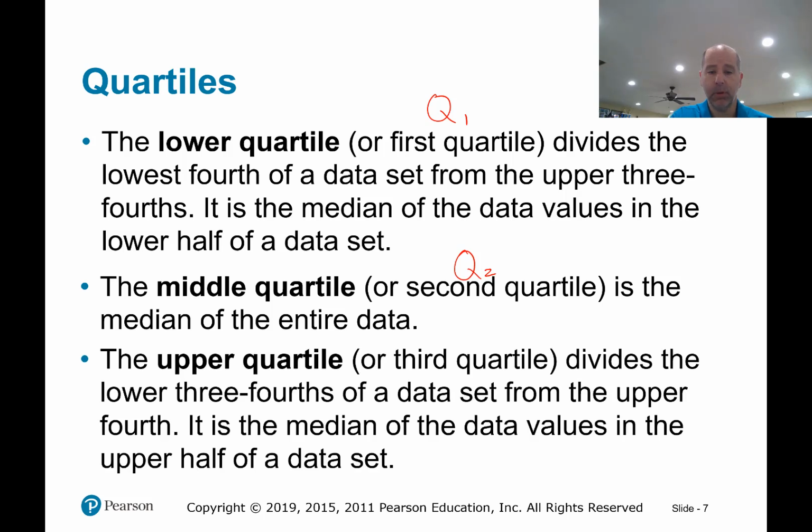And then we have the upper quartile or the third quartile, which we denote Q3. And that divides the lower 3/4 of the data from the upper 1/4 of the data. So this would be the lower 75%, or the upper 25%. Okay, so those are the 3 quartiles.